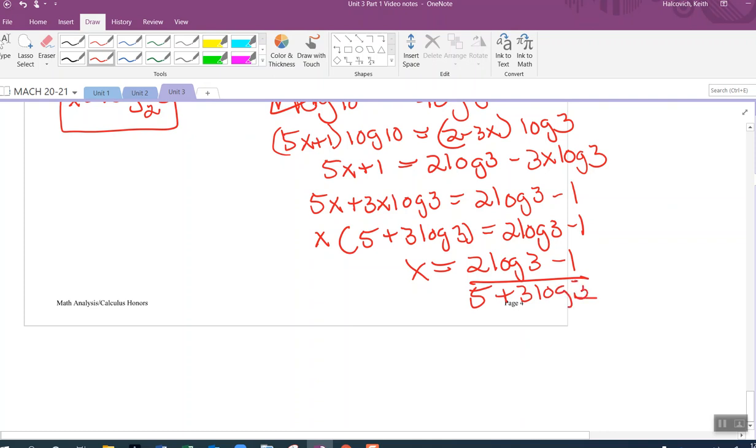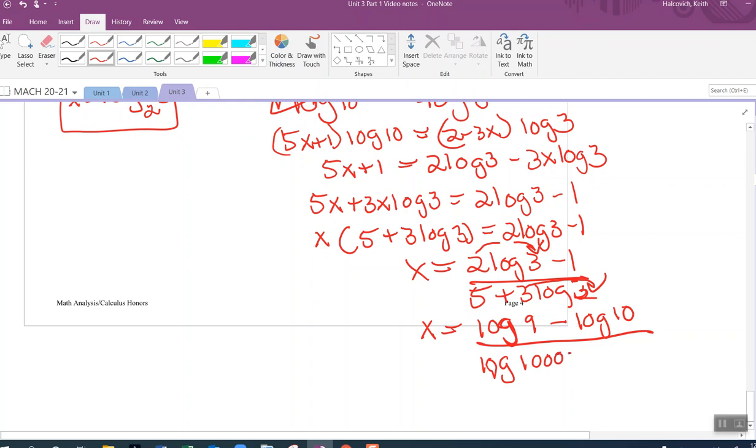Now remember, we want to write this as one log, kind of like we did in number 11. So we have some simplifying to do, like we can roll the exponent back. So it's x equals log of 3 squared, which is 9, minus, and 1, we can make it log 10, because that's the same as 1. 5, we can make it log of 1 and 5 zeros, plus, and then this can be log of 3 to the third, which is 27.